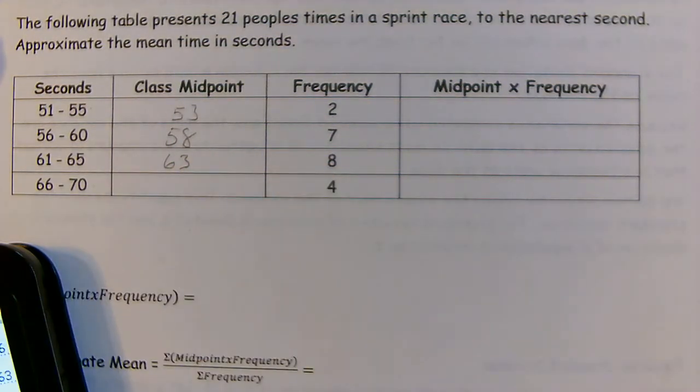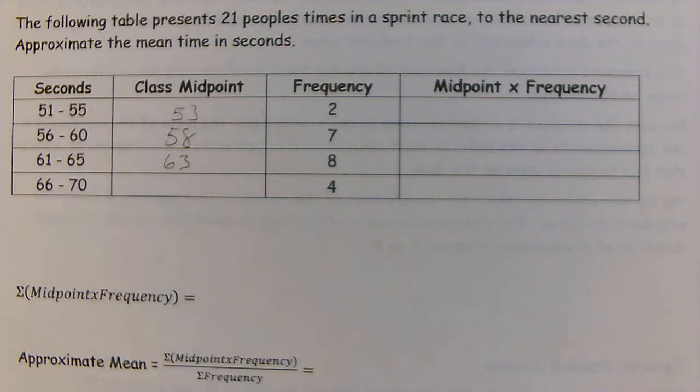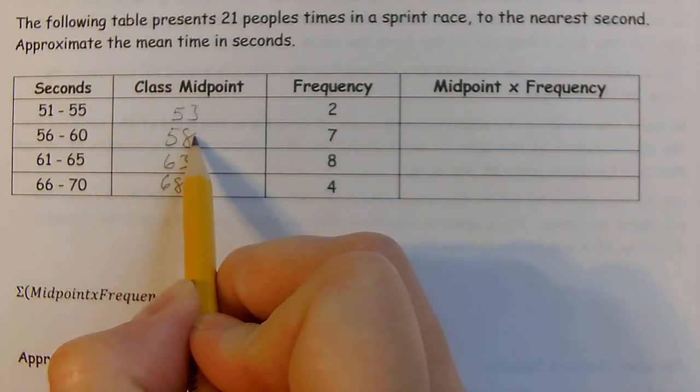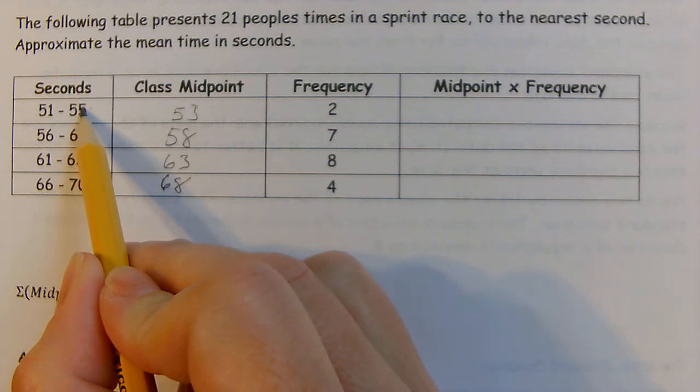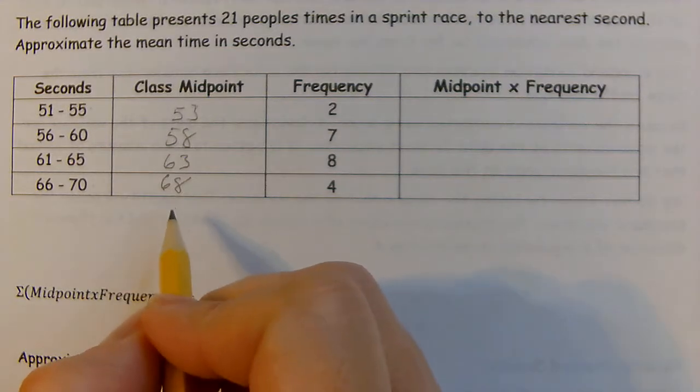And the last one is going to be 68. The midpoints are going up by 5. The upper boundaries are going up by 5. And so are the lower boundaries because that's the class width.